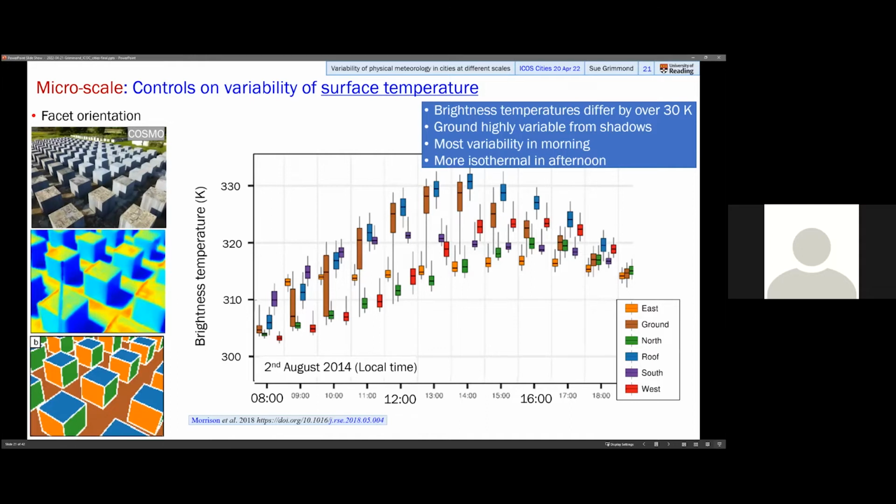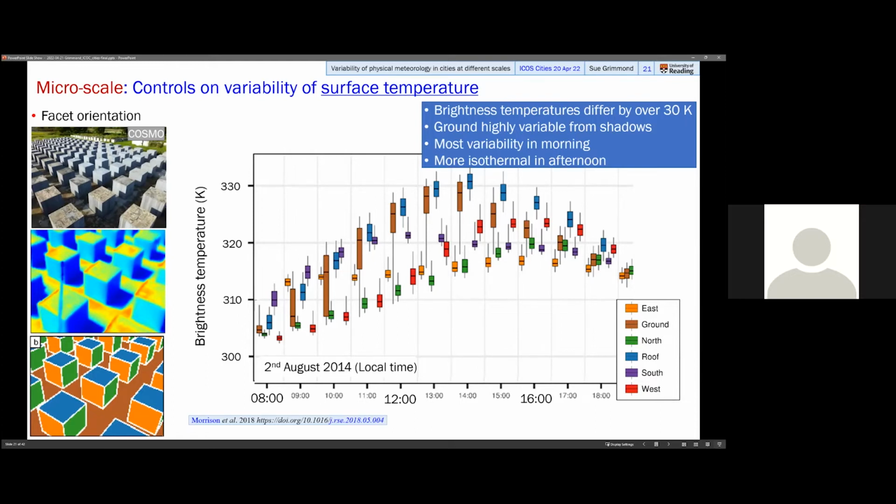What we typically assume in the models is more sophisticated than these cubes shown here. We can get some idea of the variability of the surface temperature, taken here with infrared thermometry. We can see that there's large variability over these cubes, even though they're all basically identical and have very simple geometry.